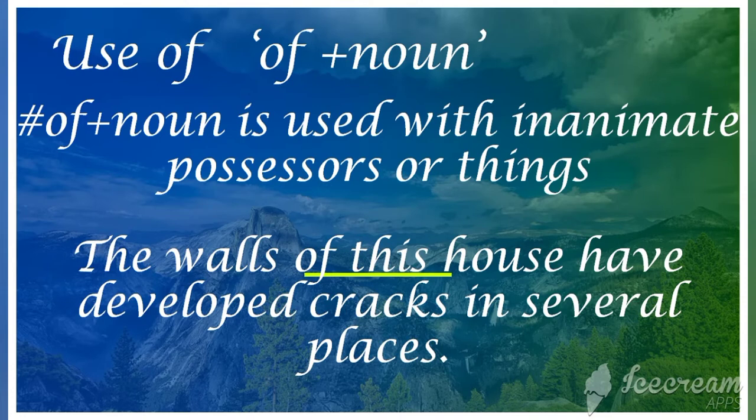Walls of this house, it is pointing to a particular house. This house is inanimate, so we add of. We are not adding house apostrophe s. This word of is used for possession. We are pointing to one house and saying this house, and as this house is inanimate we add the word of.